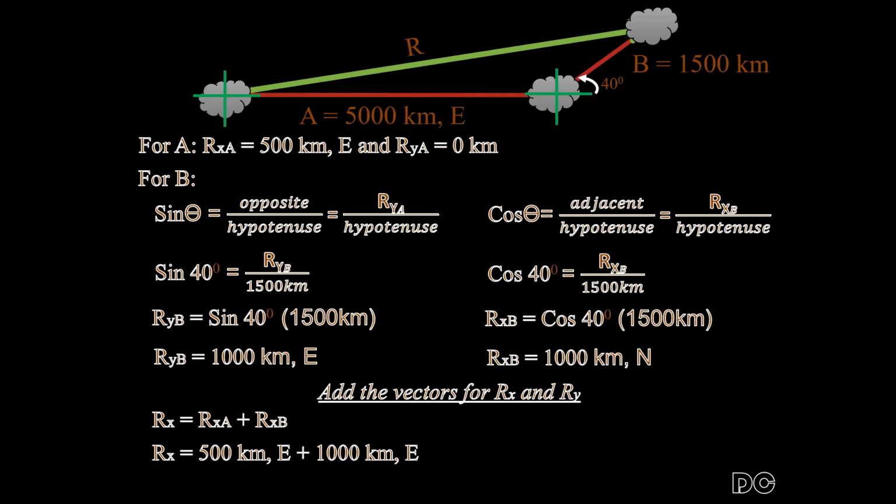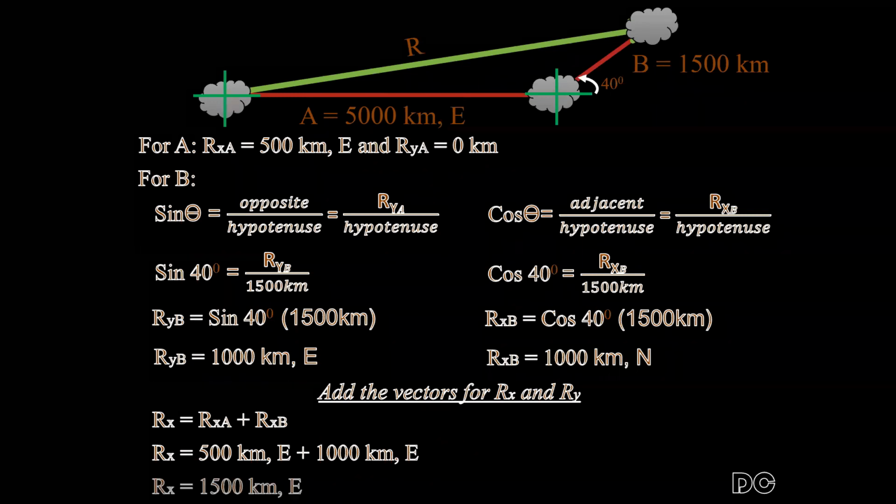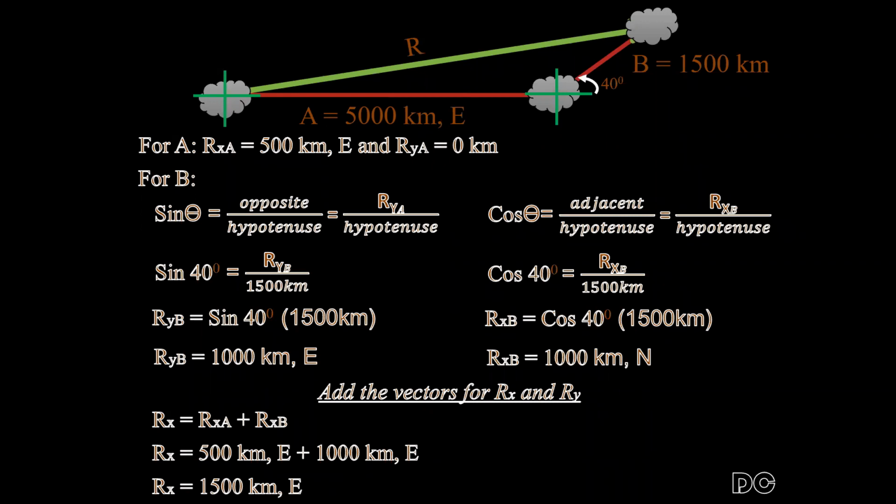Since they are in the same direction, just simply add. So 500 plus 1,000 is equal to 1,500. Then follow the direction, which is 1,500 kilometers east.